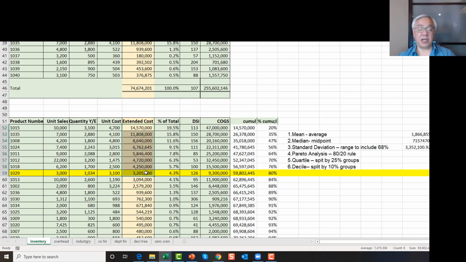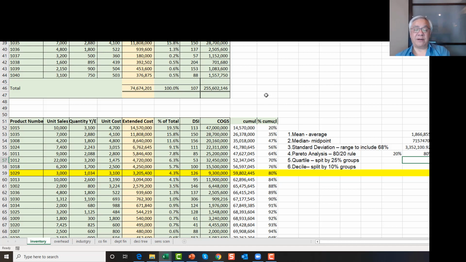And when I just shade it, I can see that the total number of rows is 8. 8 out of 40. 20% of the inventory constitutes 80% of the value. So this, by construction, as I'm supposed to from the author of the book, is the 80-20 rule, where 20% of the items, again rank ordered, the top 20% of the items comprise 80% of the value of the entire inventory.